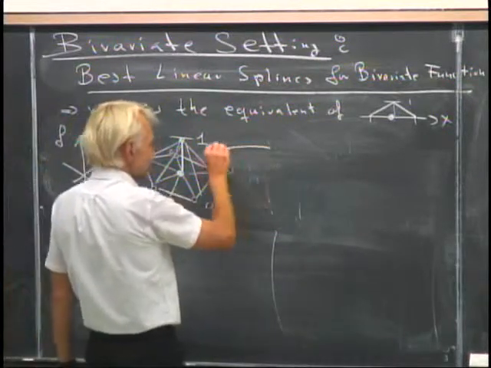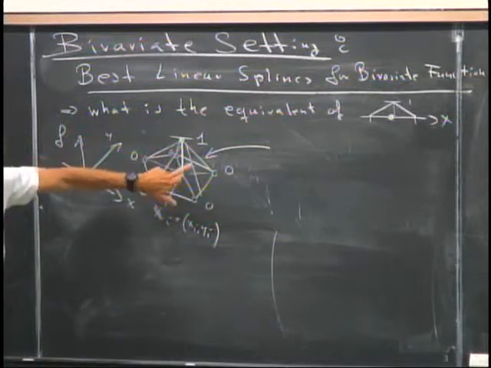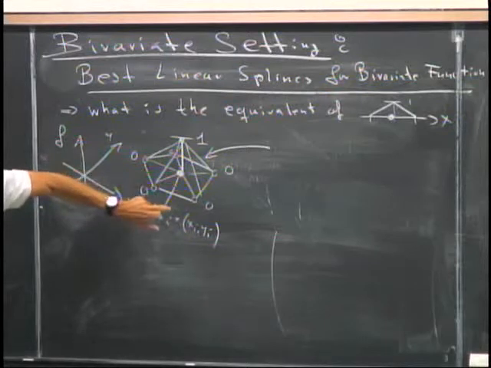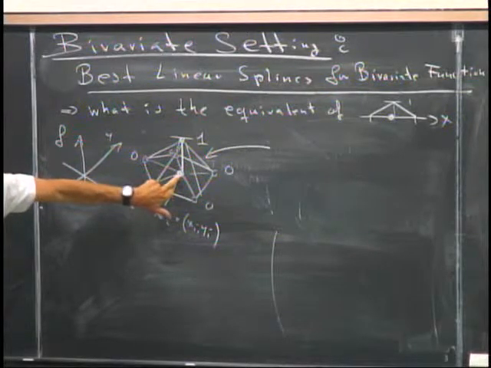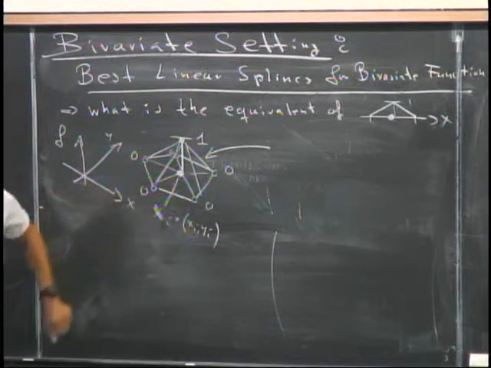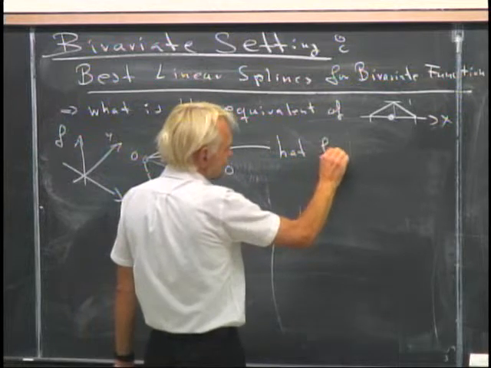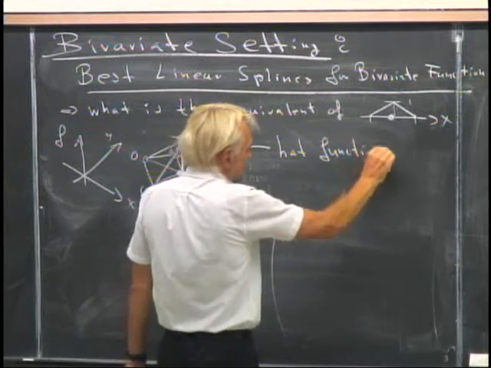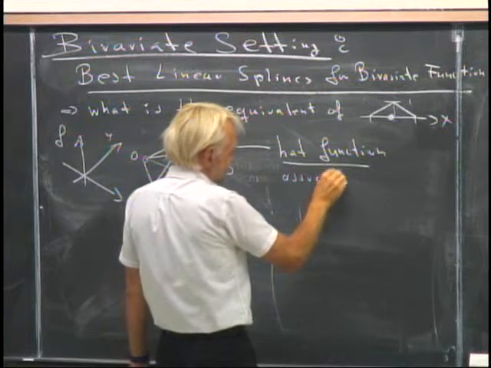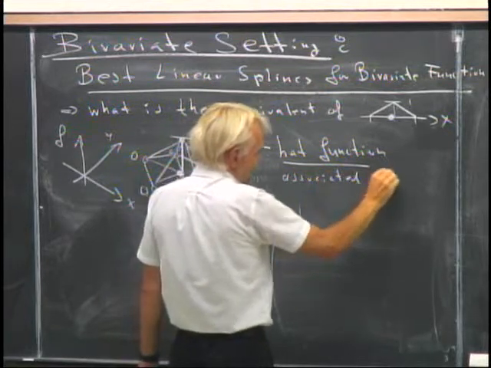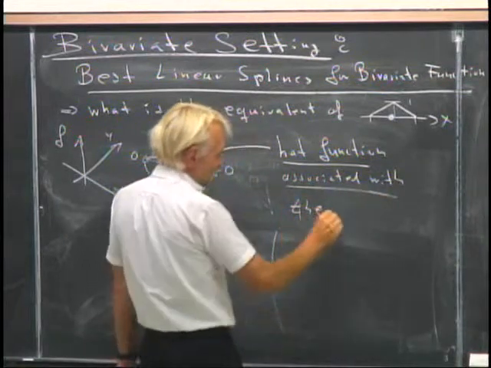So this is a hat function defined for the platelet. This stencil of triangles, or this subset of triangles, is called the platelet, right? The set of all triangles that share the center vertex as a common vertex is called the platelet of that vertex, right? So this is the hat function associated with the platelet.